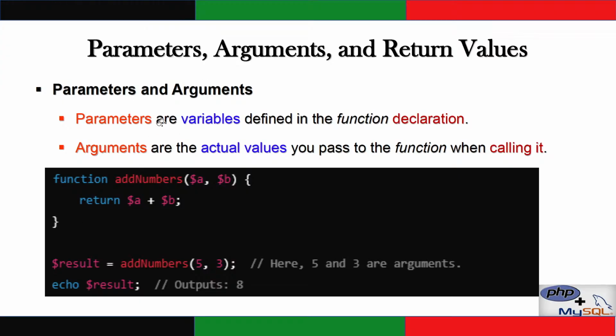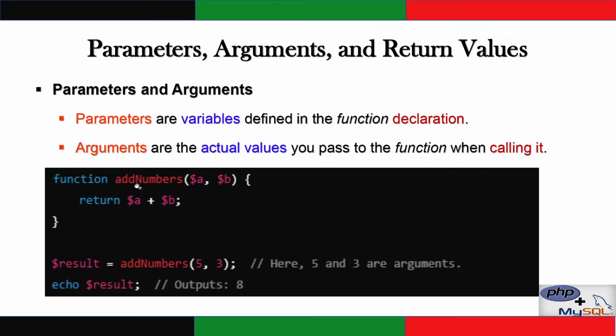I want everyone to think of parameters as variables, simply PHP variables, which we declare inside the parenthesis of a function. Then the arguments later on are the actual values that we give PHP whenever we are using that function.